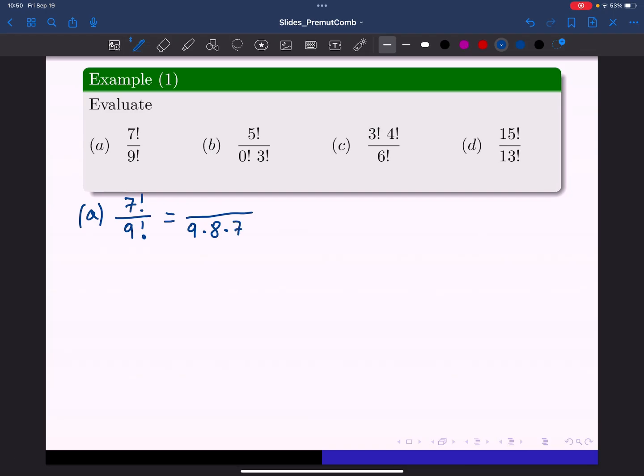Instead of going down, we write 7 factorial, because on the top we had 7 factorial, and the whole 7 factorial can cancel out. So what I am left with is 1 over 9 times 8, which is 1 over 72.